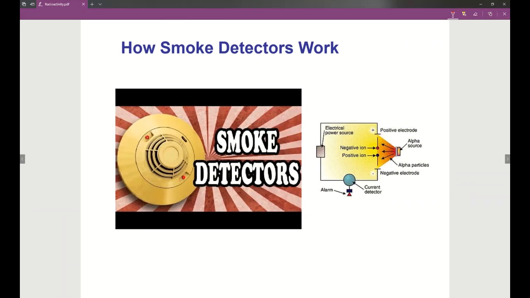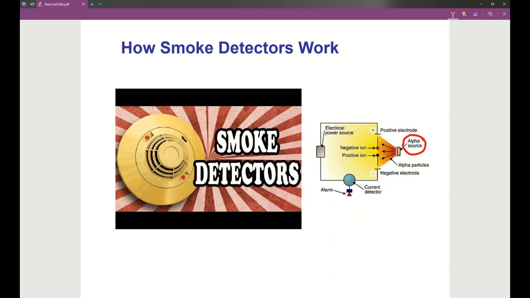And this kind of alpha decay is actually highly relevant to how smoke detectors work. There's a video like this in the PowerPoint, but to give a quick summary of it, smoke detectors work like a tripwire. So what we have here is a source of alpha particles that emit alpha particles and ionize the ions in between here and cause a little electric current to flow.